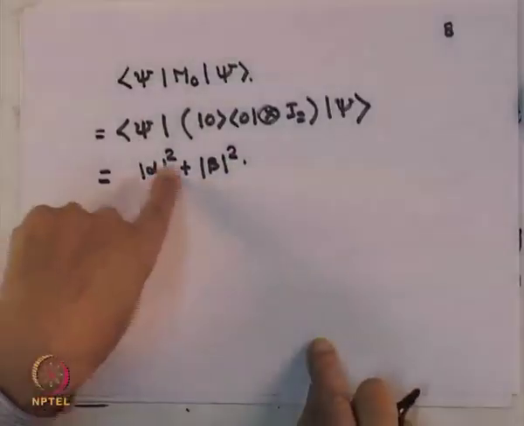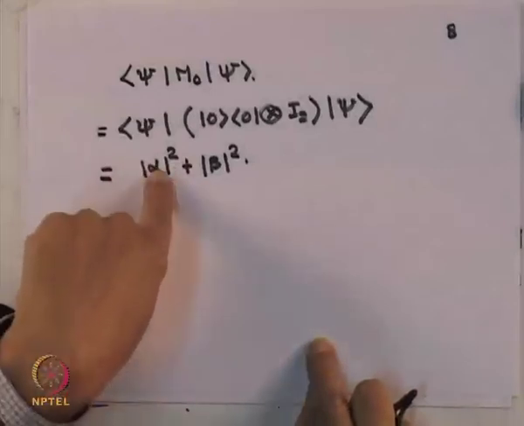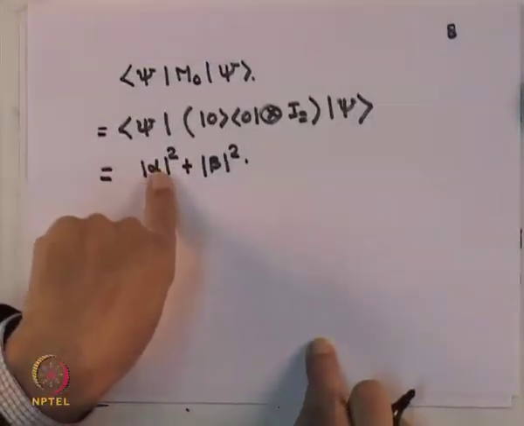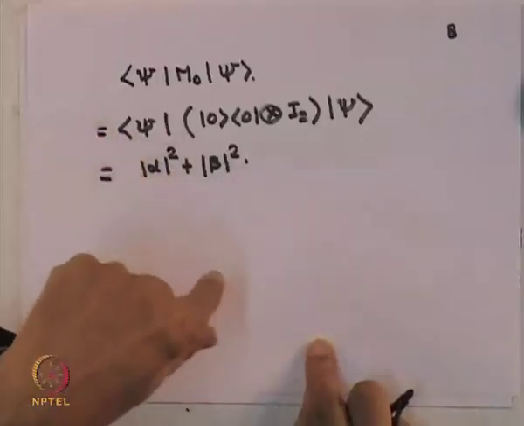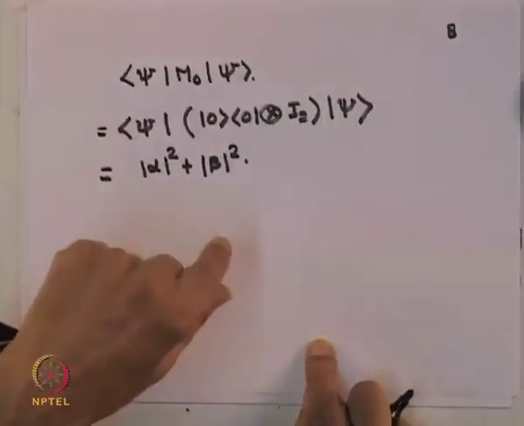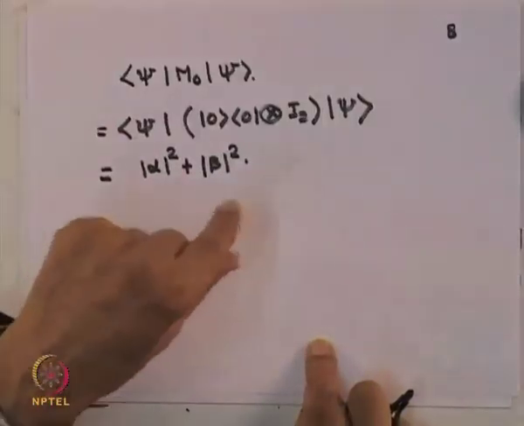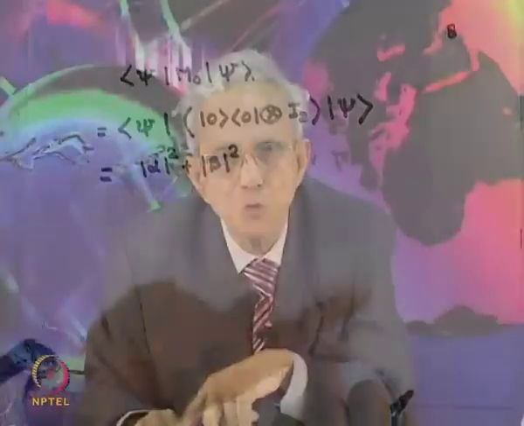Now remember, when I wrote down my first value of psi, I said it's equal to alpha|00> plus beta|01> etc., where the normalization was |alpha|^2 plus |beta|^2 plus |gamma|^2 plus |delta|^2 is equal to 1. So this is the probability, and if you did the corresponding job for the first qubit being equal to 1, you will get this as |gamma|^2 plus |delta|^2.